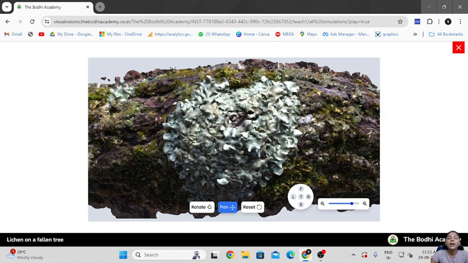So the fungi will absorb all the nutrients and water and supply it to the algae. The algae, since it is an autotroph, will do the photosynthesis and supply the food back to the fungi. So this is all about the lichens which we see around.